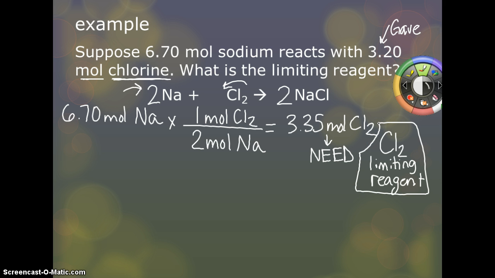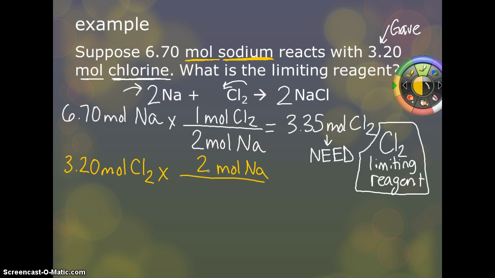Okay? So let's say that you started with the other reactant, which is the 3.20 moles of chlorine. So now that you've started with the chlorine, you're going to try and get moles of sodium to compare with what they've given you in the problem. So moles of sodium is now going to go in the numerator.